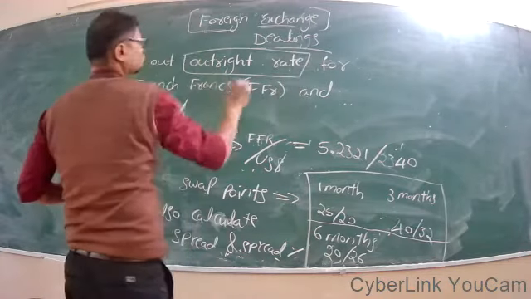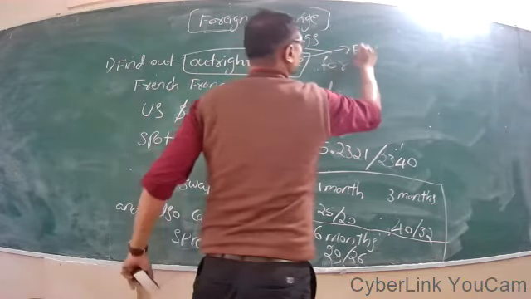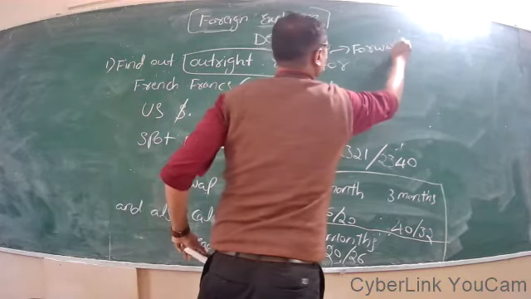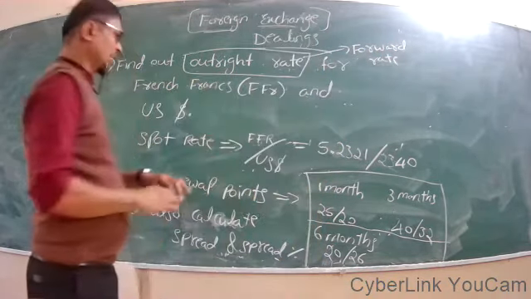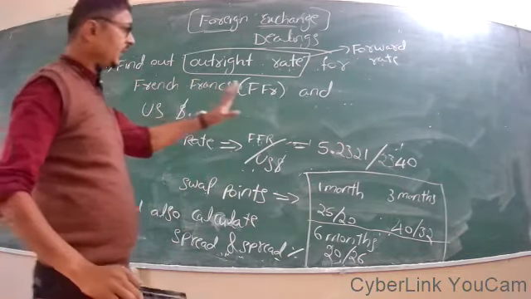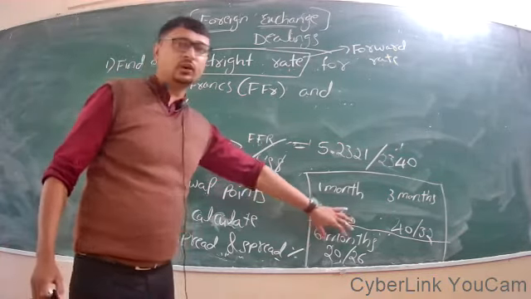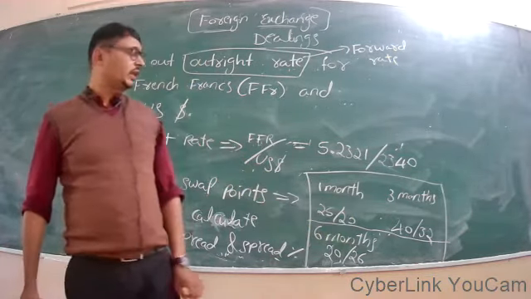Outright rate is nothing but the forward rate. So for the forward rate, they have given certain forward points, also called swap points, which may be given by the banker. So 1 month swap point is 25 oblique 20, 3 months is 40 oblique 32, and 6 months is 20 oblique 26.